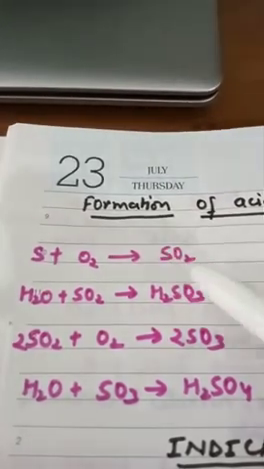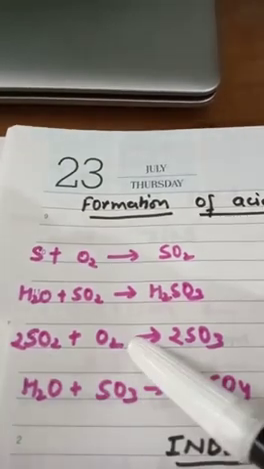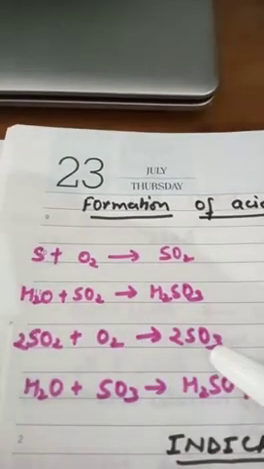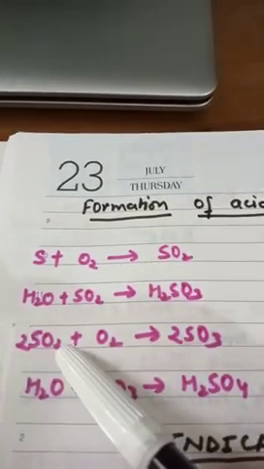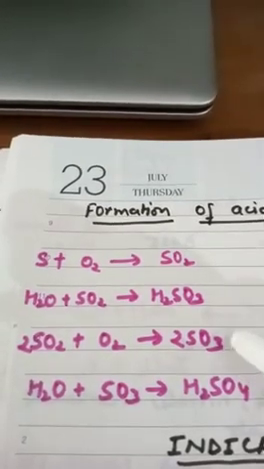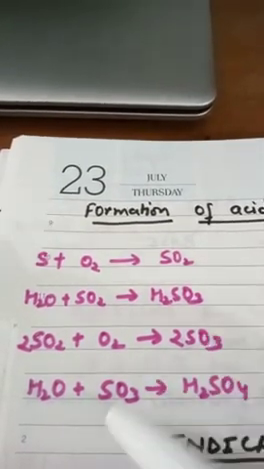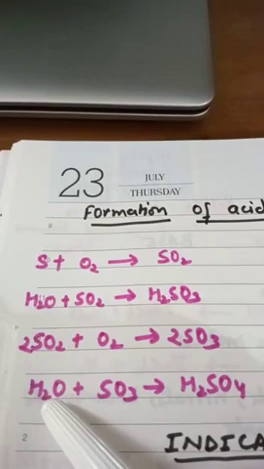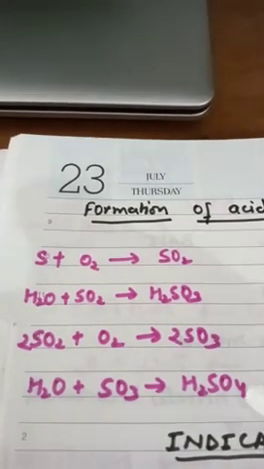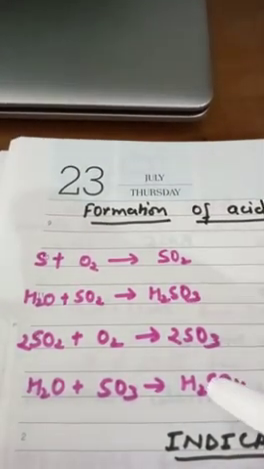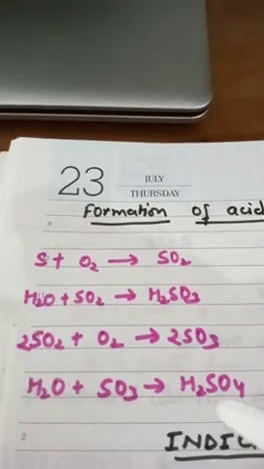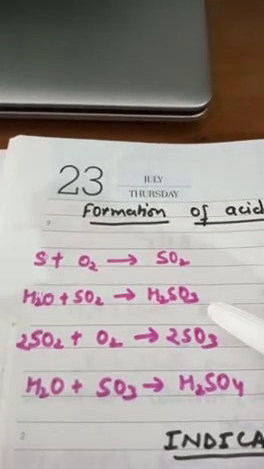Now this SO2 formed can further react with oxygen to form sulfur trioxide. This is sulfur dioxide, this is sulfur trioxide. So when this sulfur trioxide reacts with rainwater, it forms sulfuric acid. So you can see these two acids, they are formed in the atmosphere, sulfurous acid and sulfuric acid.